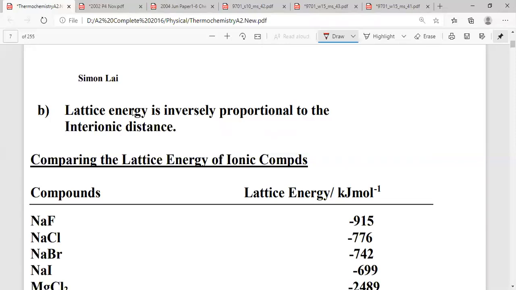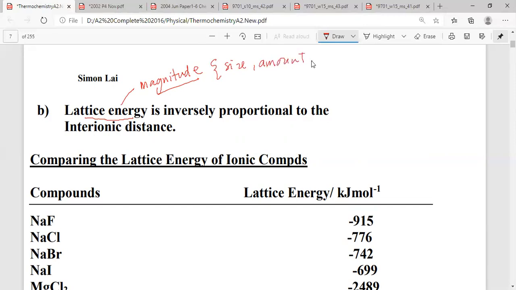What controls the magnitude? Quantitative controls the magnitude. Okay, we use the words that Cambridge use, or the amount, size, or the amount, the value. You need to be very clear of what the words mean. Magnitude means the size, amount.